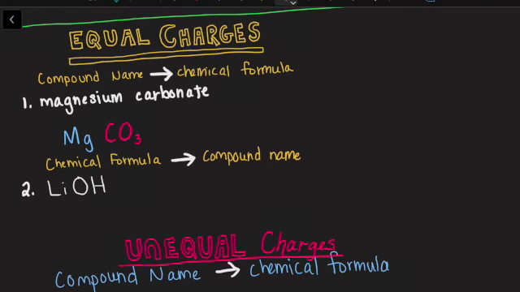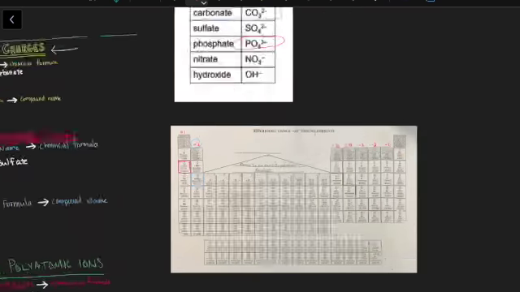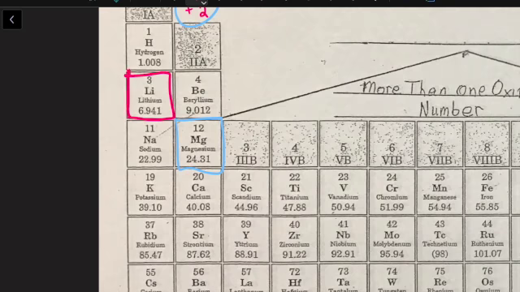Okay, let's look at going from chemical formula to the compound name. And you will definitely have to be able to go both ways: compound name to chemical formula and chemical formula to compound name. Alright, it says equal charges, but let's just double check and make sure. Let's find lithium on the periodic table. There it is.